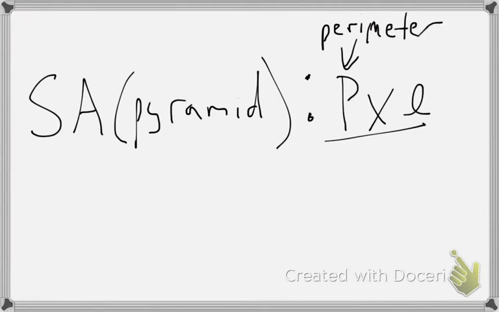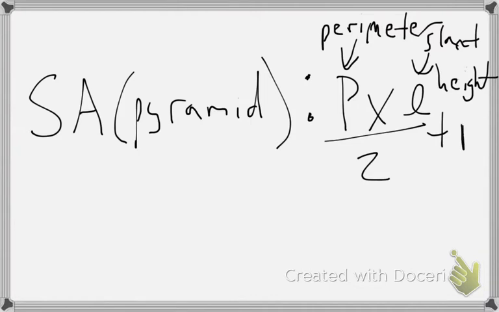Why is it L? Well, it's because H is taken for height, S is taken for speed. So one of the only things that were available was a cursive L. Divided by 2, plus the area of the base.